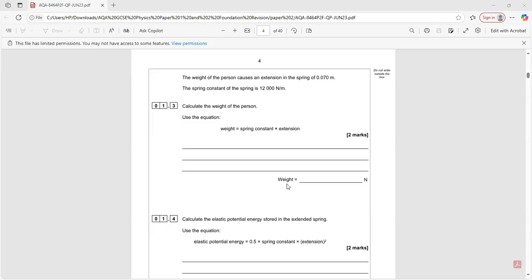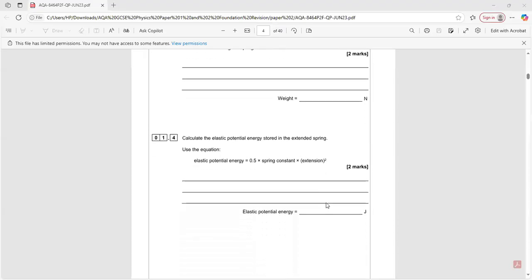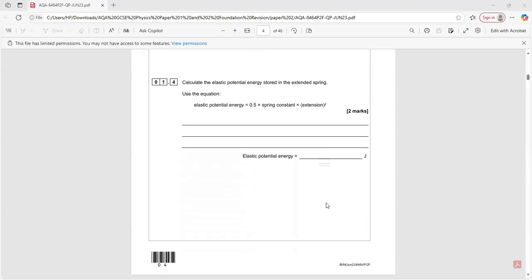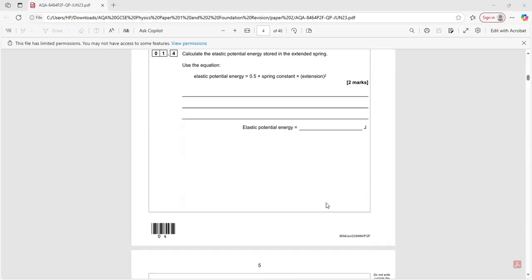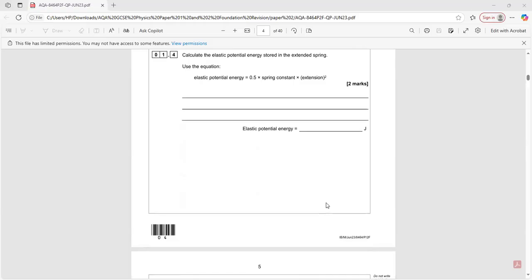So you are free to say that the weight is 840 Newton. Did you get that right? Yes. Okay, sure.